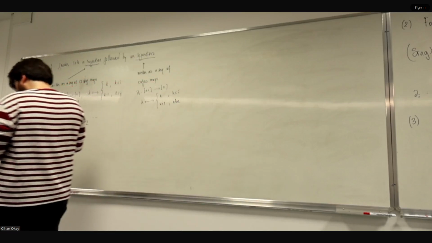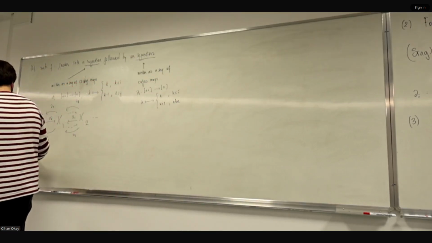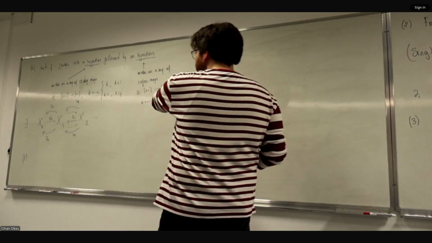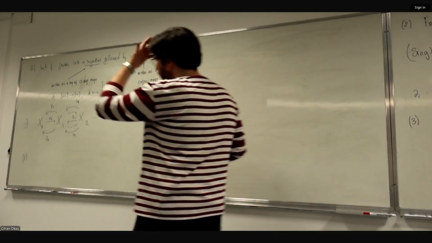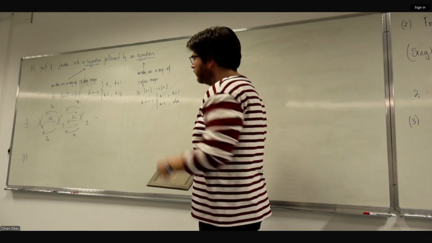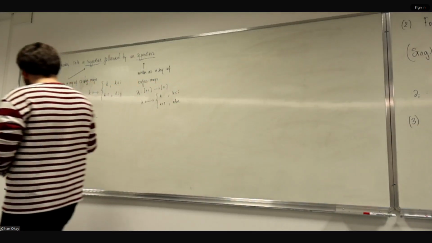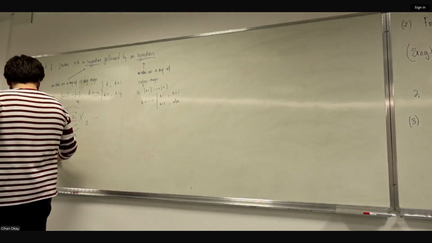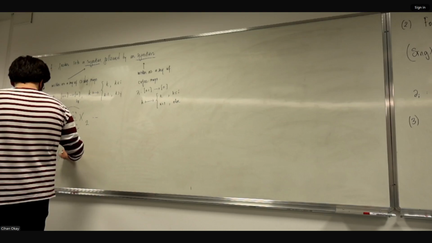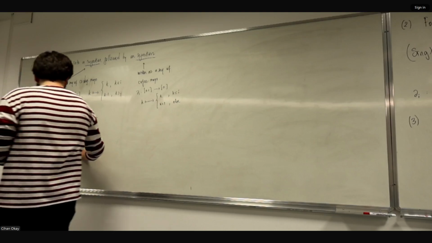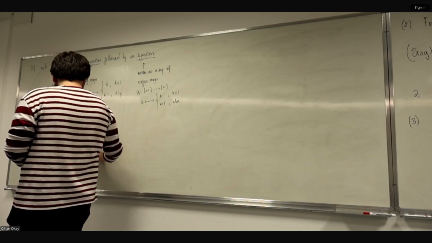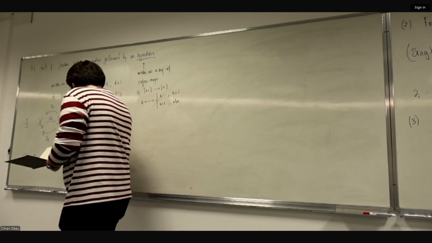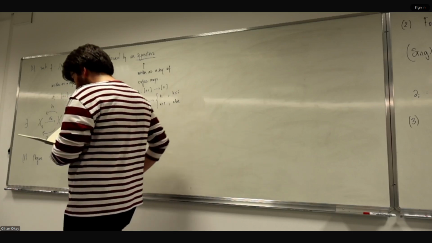And finally, the definition. Remember, we just discussed the geometric n simplex, and also we have a combinatorial n simplex. So let's use the notation delta n.